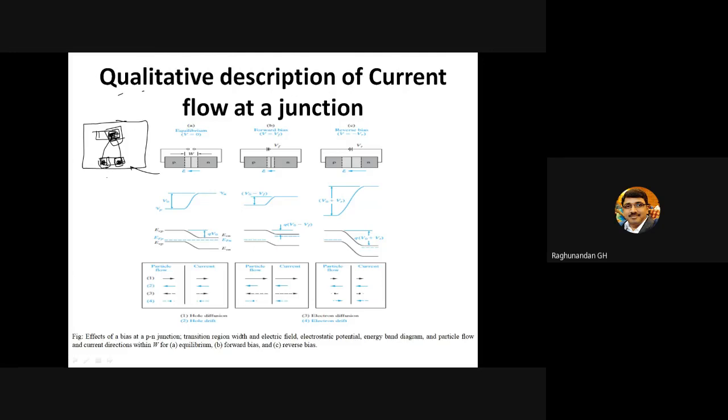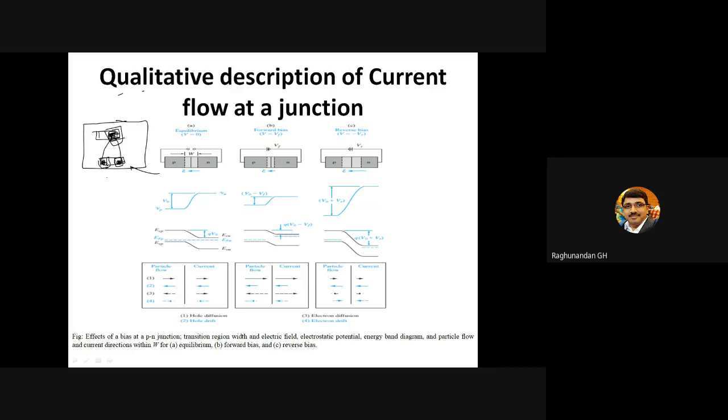Even if I take p layer, it has majority charge carriers as holes, minority charge carriers as electrons, and that is the reason we do doping, because we want to increase the conduction process. If you are not having sufficient holes in n layer, then the electron cannot move, or if you don't have sufficient electrons in p layer, then again the hole displacement cannot happen. So that is the concept of electrons and holes.